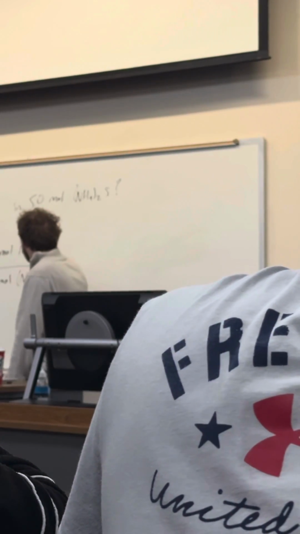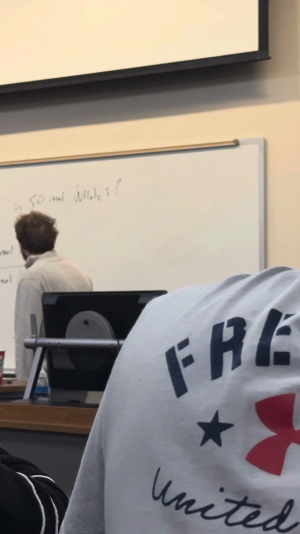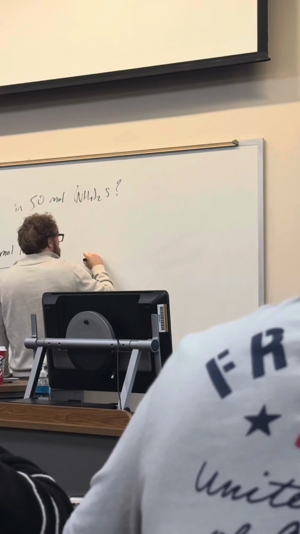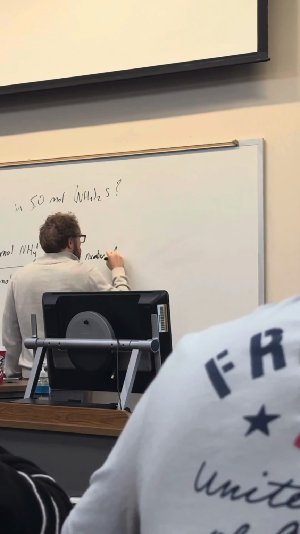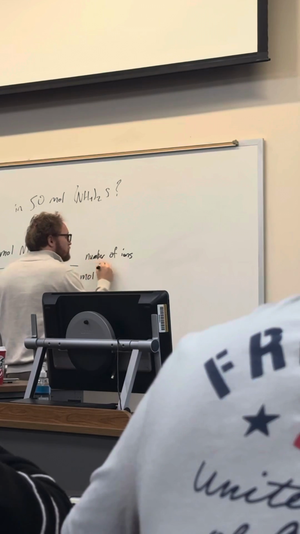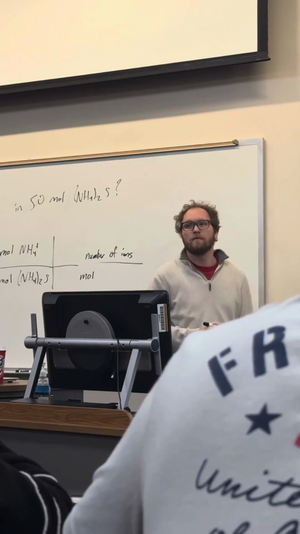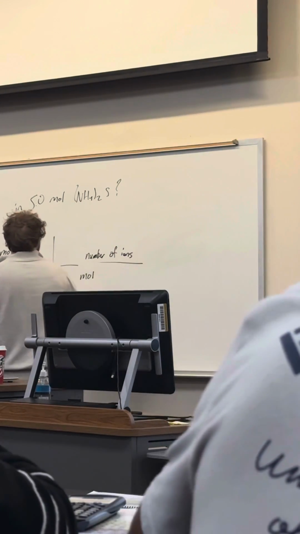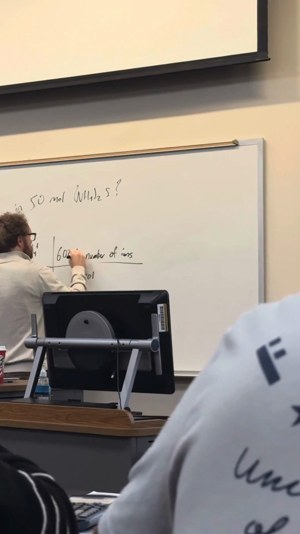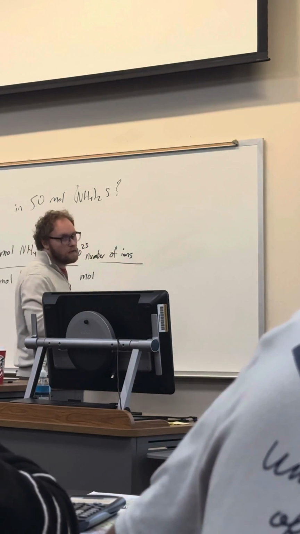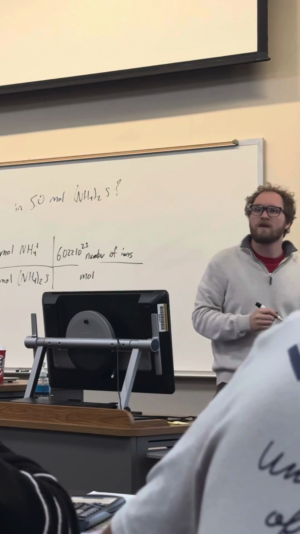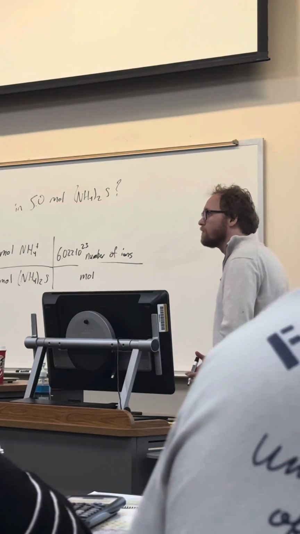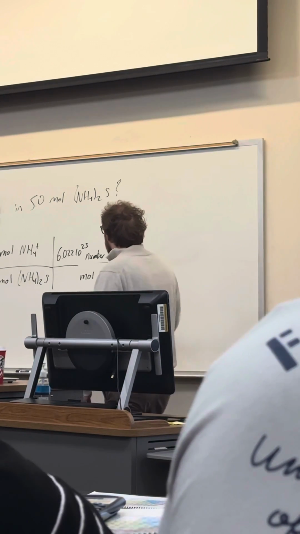Okay. I've got moles of ammonium, but I want to go from moles of ammonium to number of ions. Well, what's the conversion factor that's going to get me between those two? Avogadro's number, which is what? 6.022 times 10 to the 23rd atoms, or ions, or molecules, or particles, whatever you're talking about, per mole.